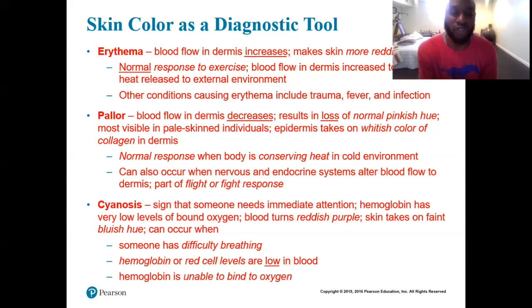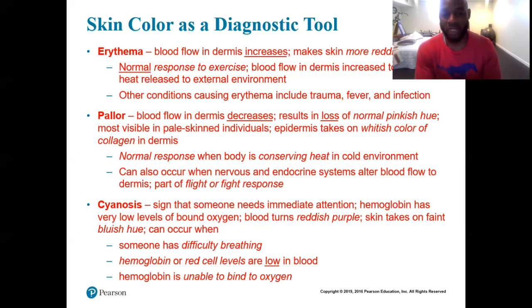And then we have cyanosis, which is a sign that someone needs immediate attention. This is low blood hemoglobin, right? We haven't talked a lot about the circulatory system, but if you have low oxygen in your blood, your skin turns this reddish purple. Some people say blue.